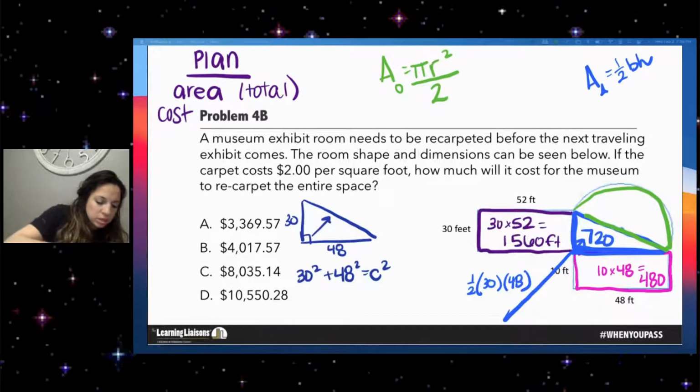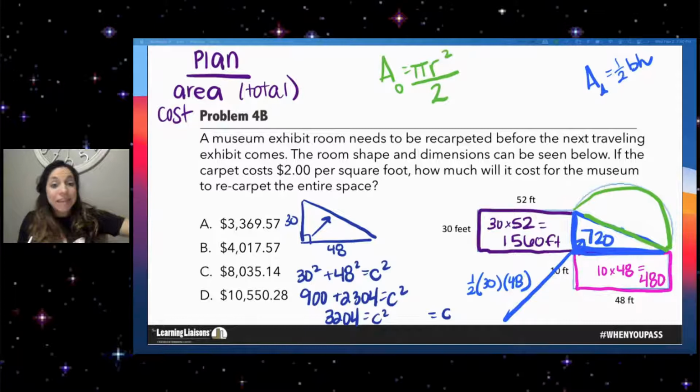So 30 times 30 is 900. 48 times 48, ooh, I think I pushed the wrong button, is 2,304. Add that to 900 and we get 3,204 equals c squared.